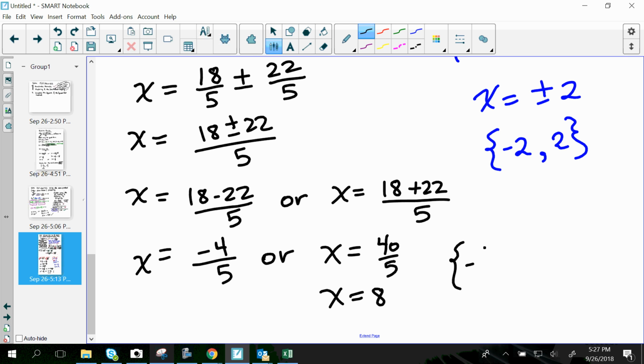So again, same solution set as the other methods gave us.